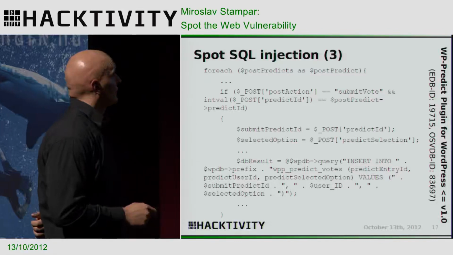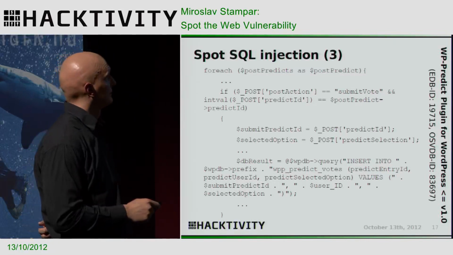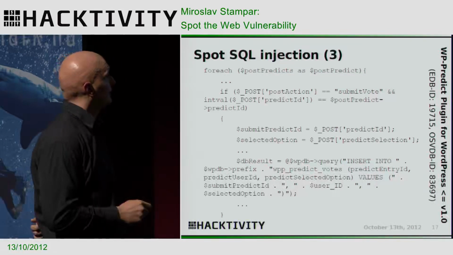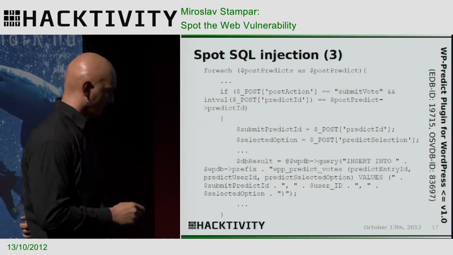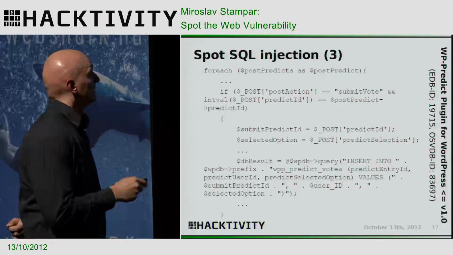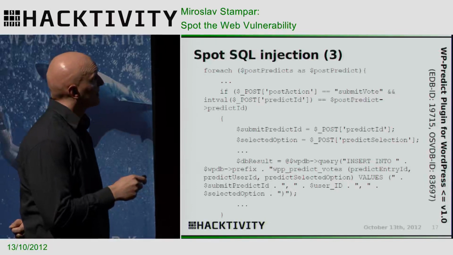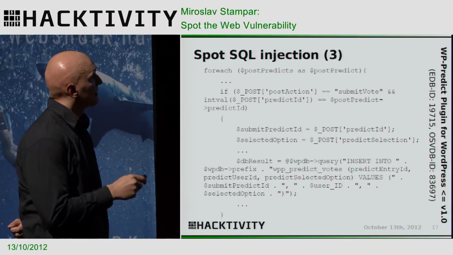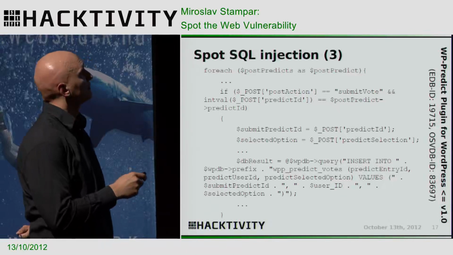Third example for SQL injection, you can see here an SQL injection in an insert statement. Here you can see one of the affected parameter values. You can see here that the POST parameter value predict ID was compared somehow to the iterated values.